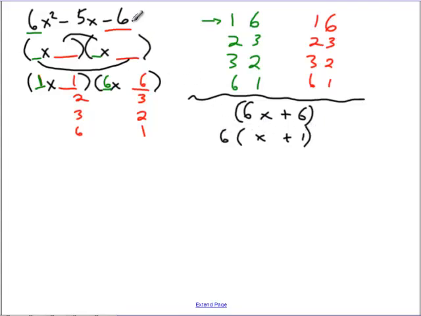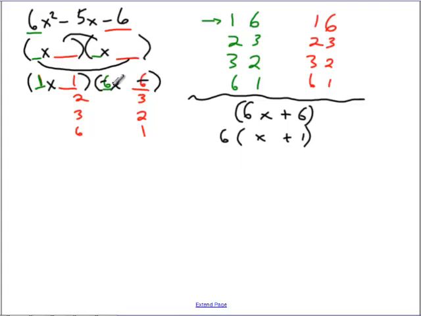But since we go to our original and there's no greatest common factor that would be pulled out in front, any of these factors down here also will not have a greatest common factor to pull out. So for that reason, we can rule out 6 and 6, they are not going to make a pair.